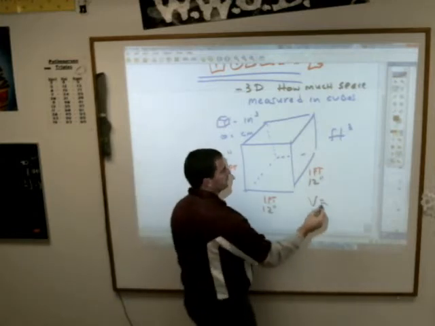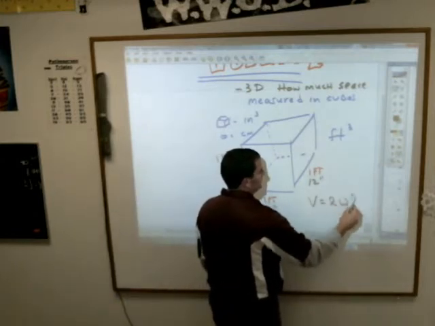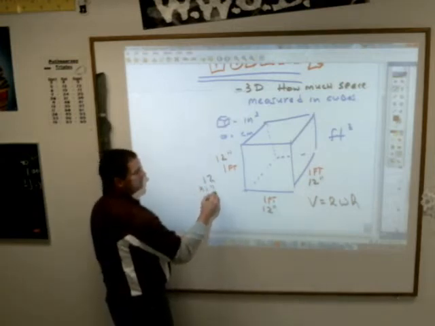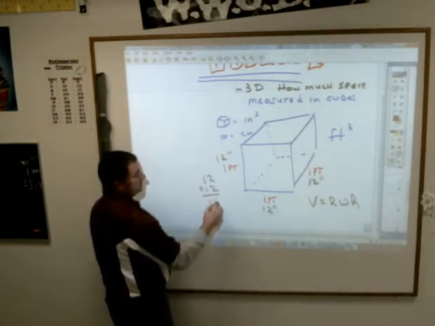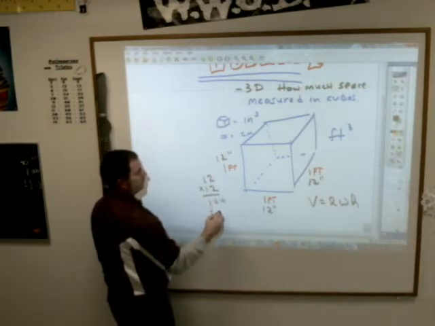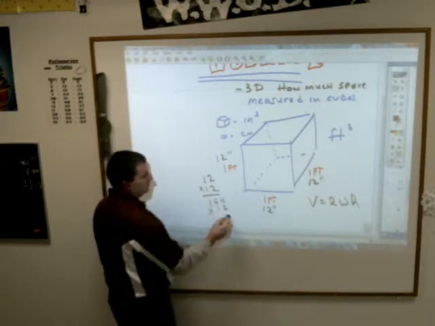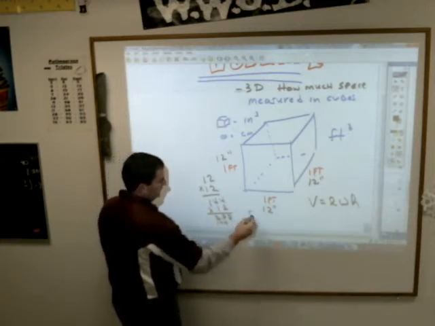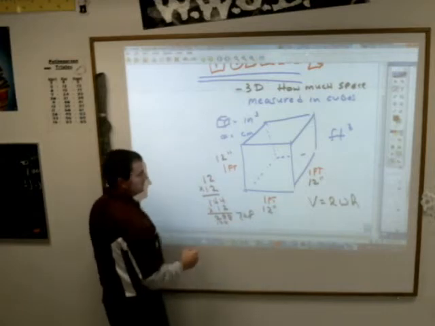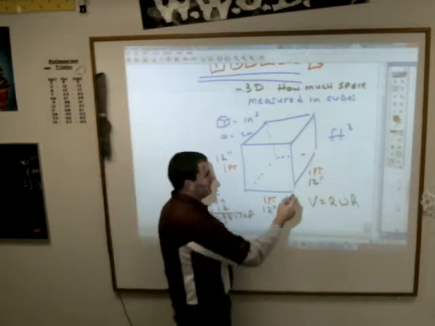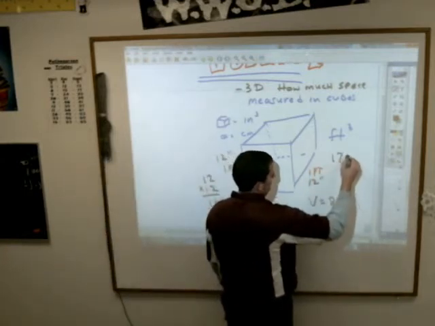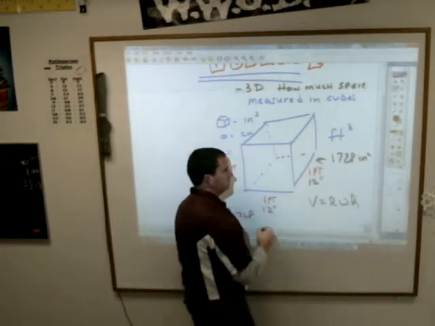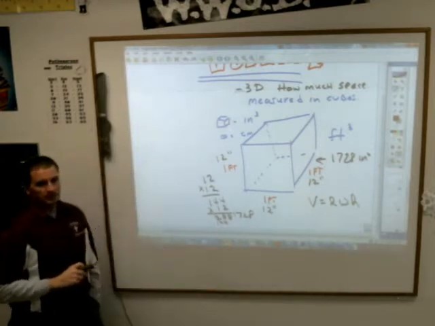Lauren? Length times width times height. So I would have to take 12 times 12, which is 144, and multiply that by 12 one more time to get the volume of my cubic foot, which is what? 288 and 144 is 1,728 cubic inches in a cubic foot. There are a lot.